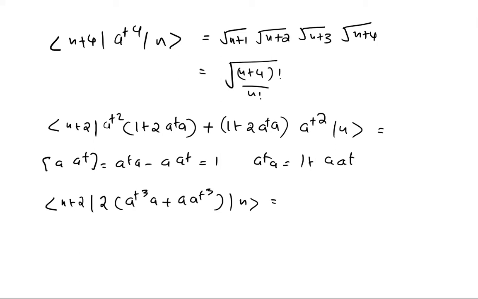Now you can directly put the values. First, this a dagger cube acting on n, or you can put first term here. So n plus 2, a acting on n produces something like, okay, 2 is there on the first term which is coming out, and also there will be the state corresponding to that, n plus 2 at the end of everything it will produce, which is going to be 1.